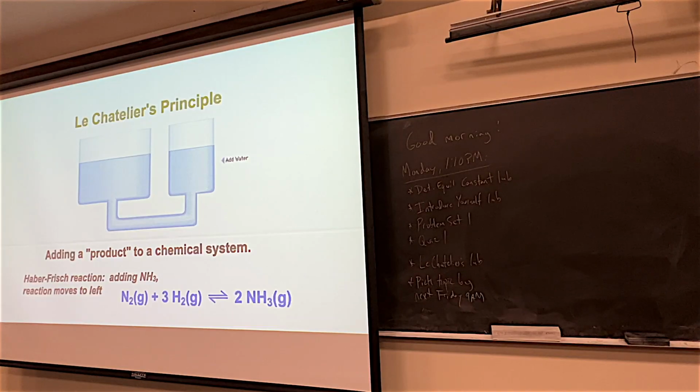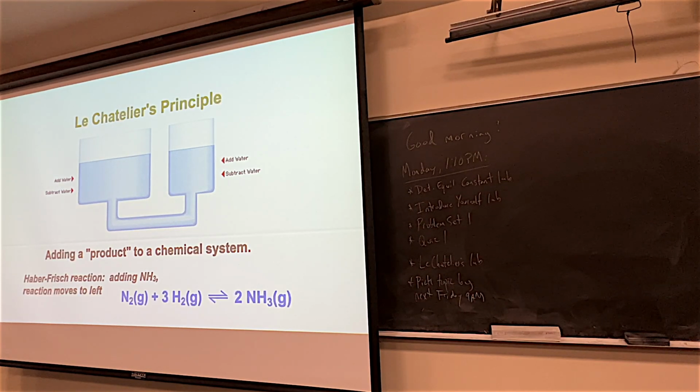Adding water to the right tank causes the water of the left tank to rise as water moves from the right tank to the left. Equilibrium in the system shifts to the left, as it would if we added product to a reversible reaction. So if you add water to this side, the water goes over here to the left, so this level goes up.